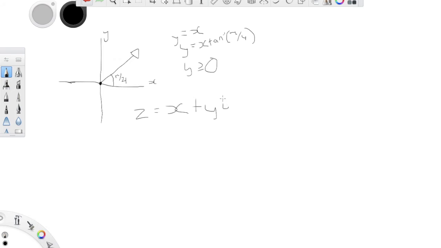Now, the tangent, or the inclination of this line, will obviously be equal to tan of y on x. So that's what this line would be inclined at.